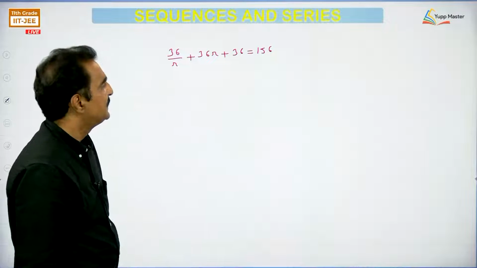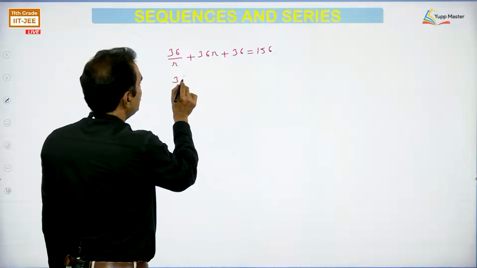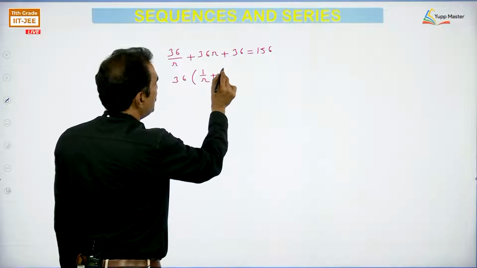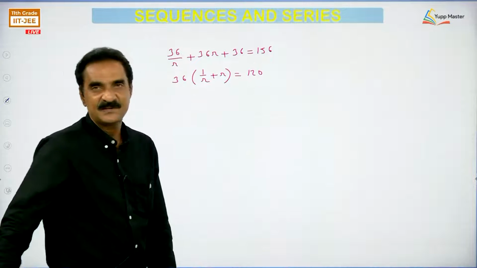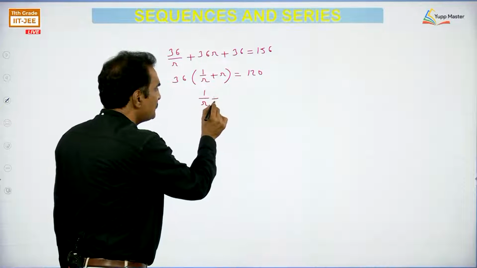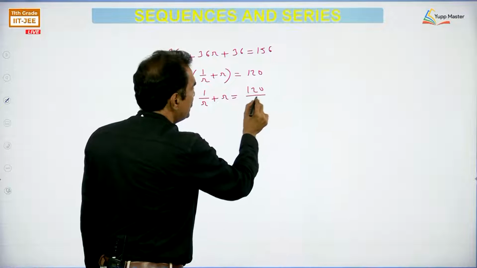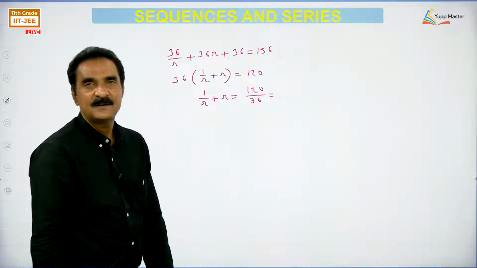Alright. Now, 36 will cancel. Here you can take 36 common: 1 by r plus r is equal to 156 minus 36, that is 120. So, 1 by r plus r will be 120 by 36. So, you can cancel the common factor.